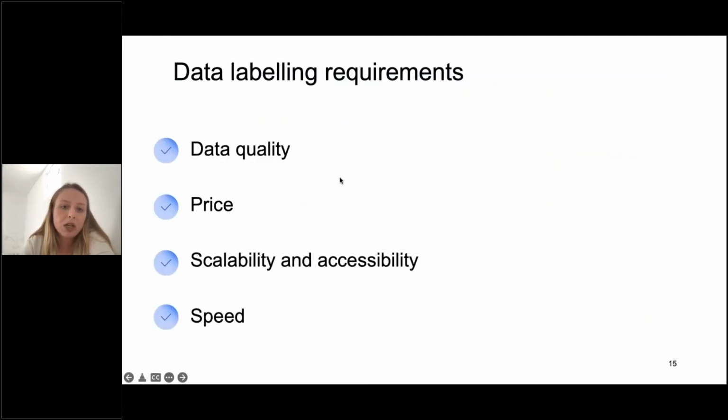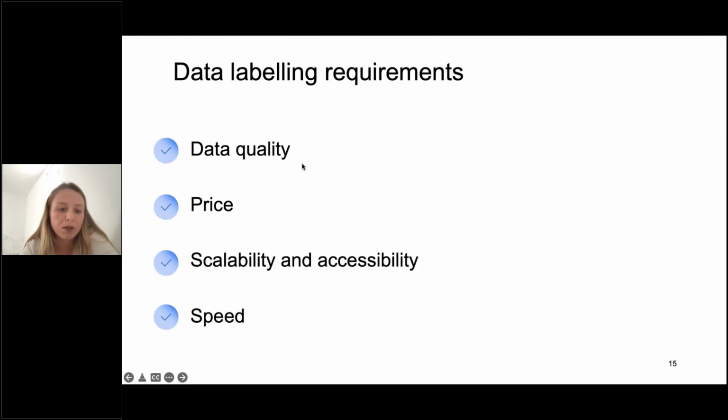So we already know that we need a lot of data, but I would like to point out some requirements for the data labeling process. And those usually are, we want our data to be of good quality. So basically, we don't want to feed rubbish to our algorithms. We would probably like our process to be within some budget, so the price would be important as well.